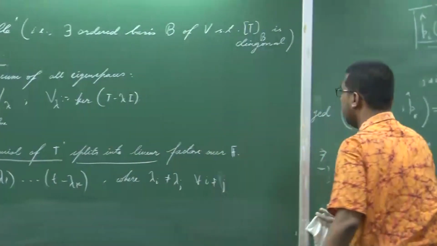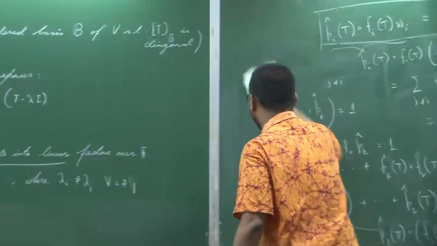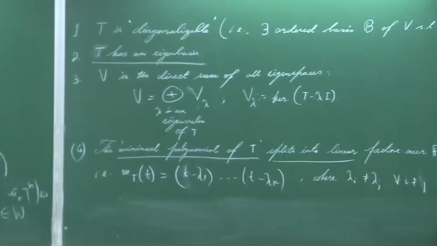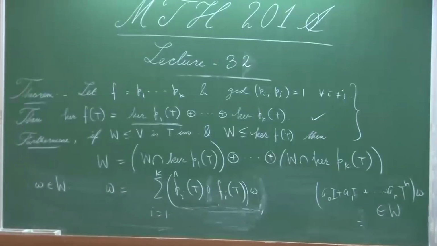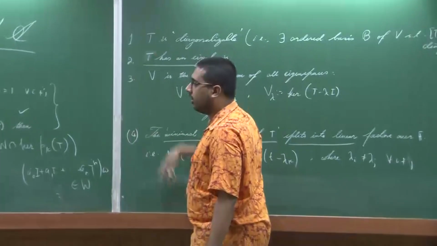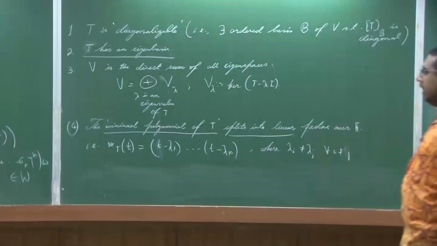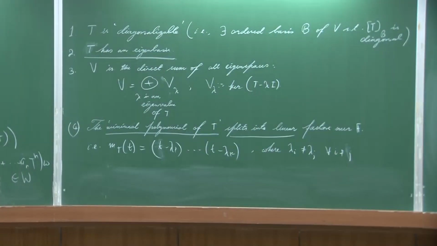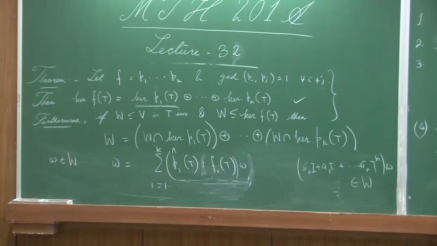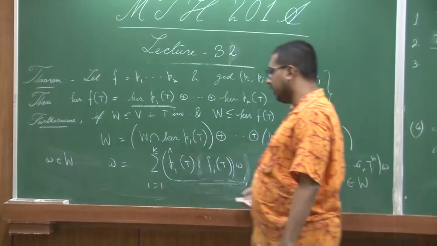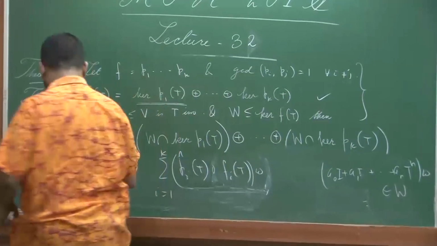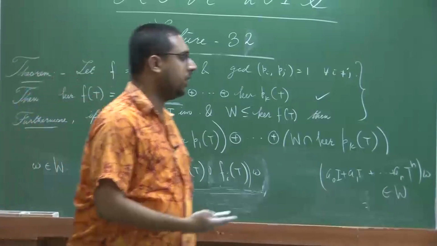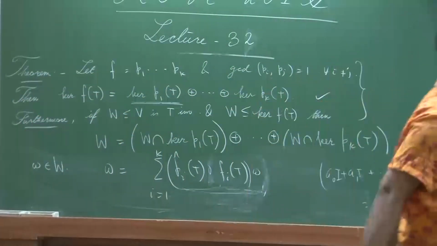So, before going into the consequences, let me just remind you that these are all 4 equivalent criteria for the diagonalizability of an operator. So, the 4th one becomes very simple. Sometimes it becomes easier for us to get the minimal polynomial by means of some decomposition.